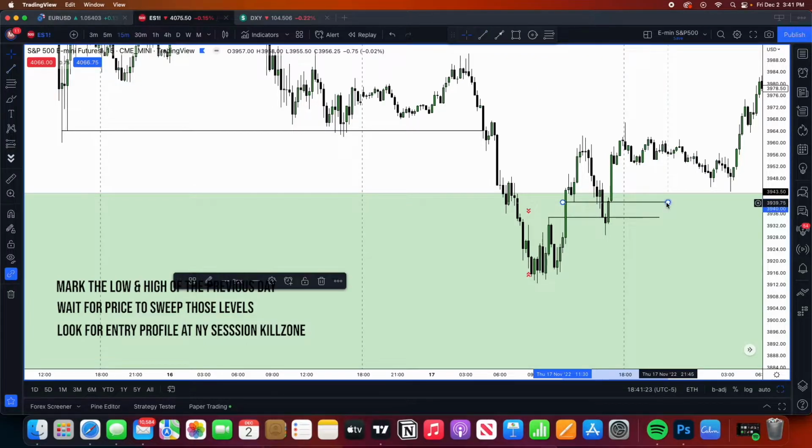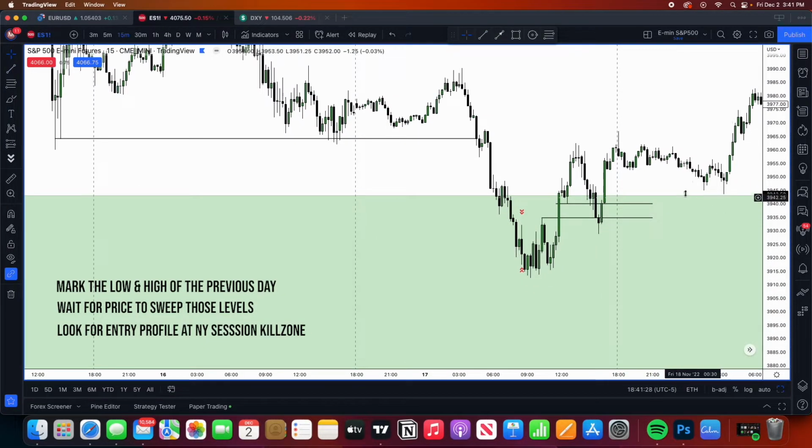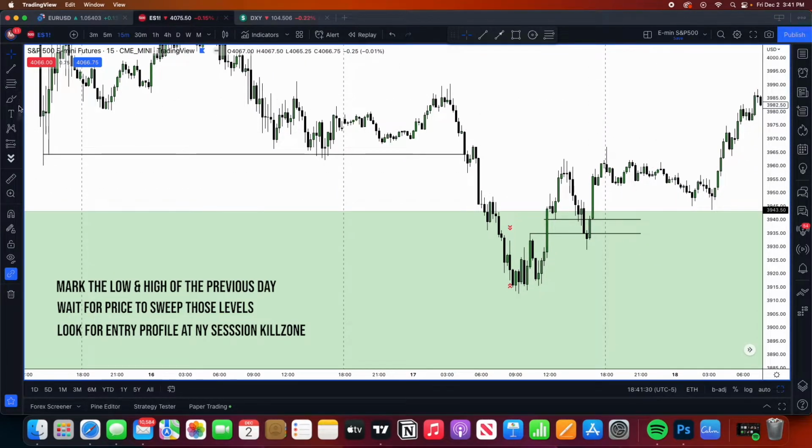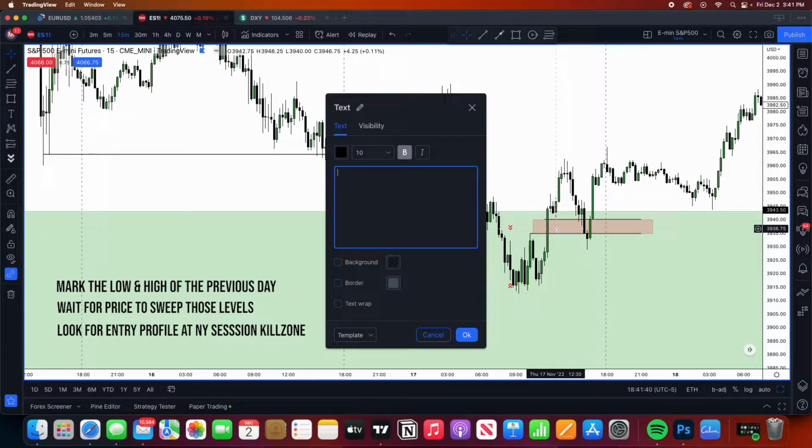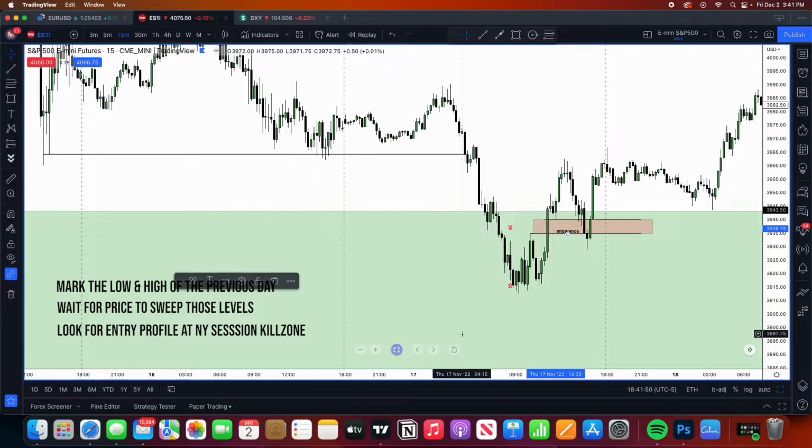I don't know if you guys have seen my trades, but you always see those things that I put there, like the rectangle. Those are the fair value gaps, the imbalance. So when you guys are going into your short, this is what you need to look at. Imbalance right here.